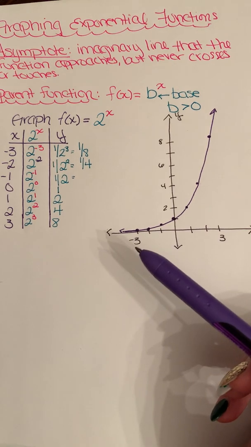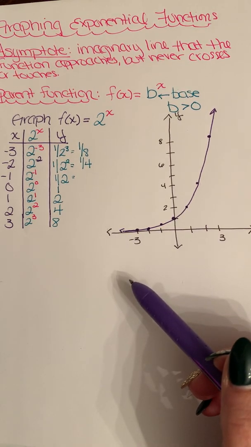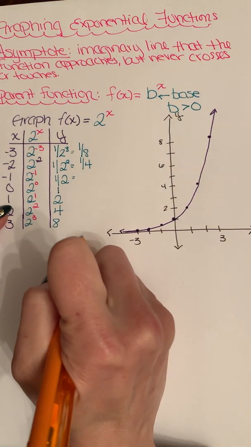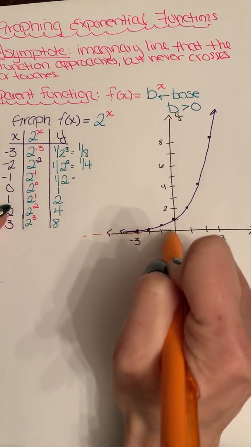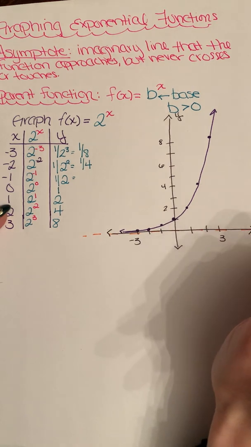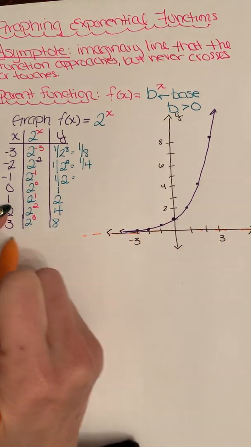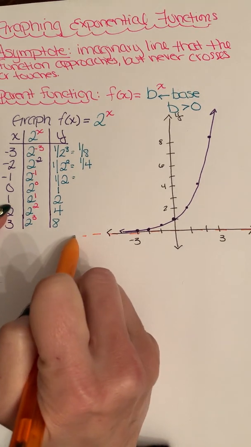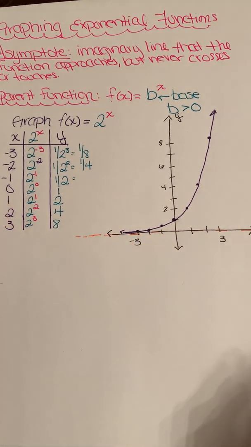It's not 0. So as you can see, it's approaching 0. The closer we get to -infinity, the farther we get out into this end, the closer we're going to get to 0, but we're never going to get there.